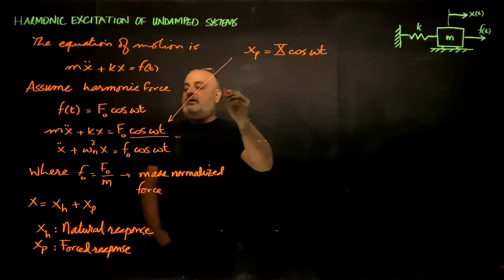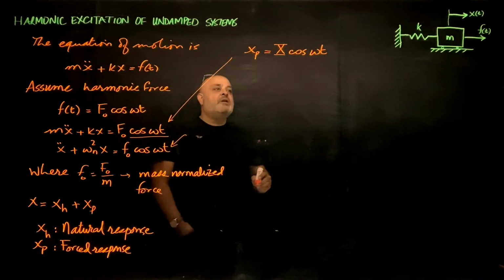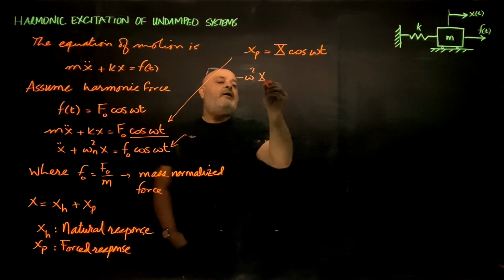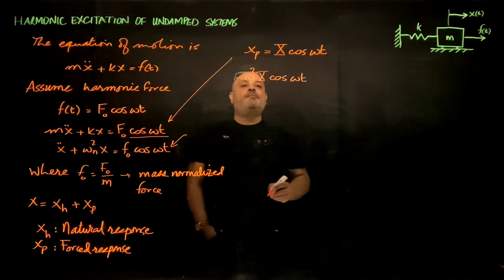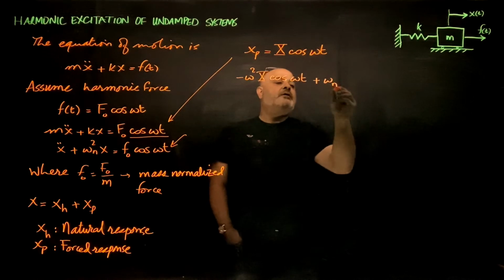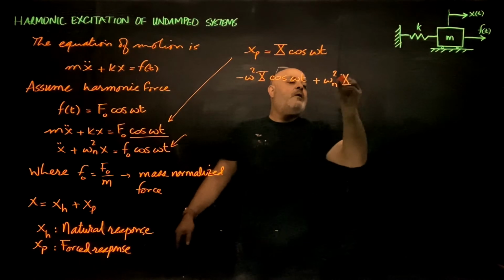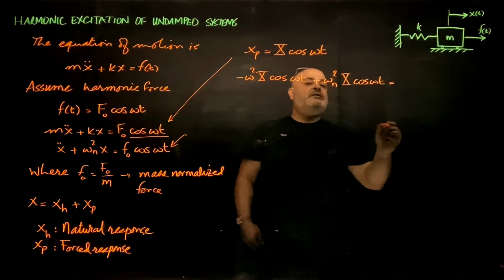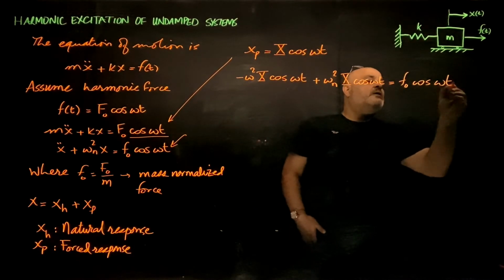The second derivative is negative omega squared X cosine omega t plus omega n squared X cosine omega t, that's equal to f0 cosine omega t.